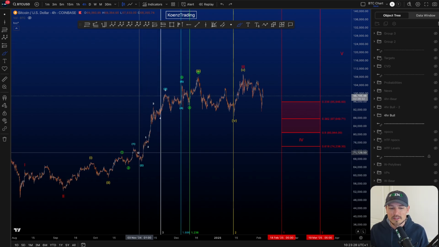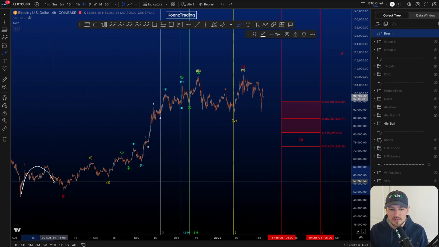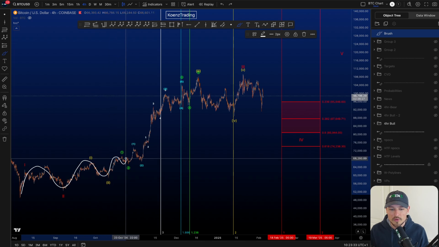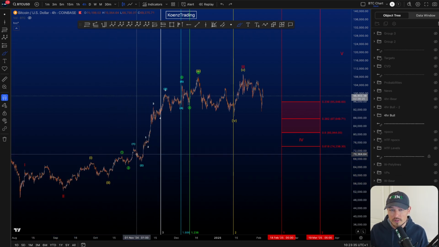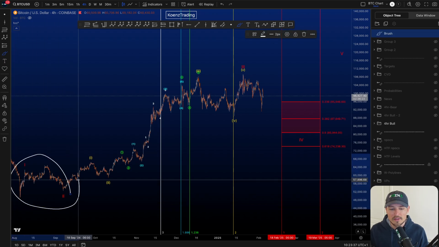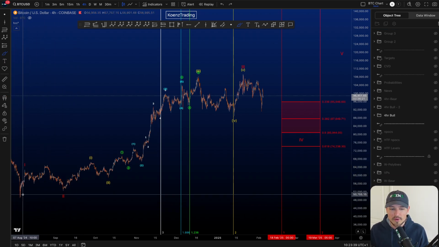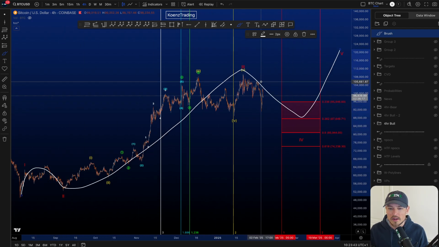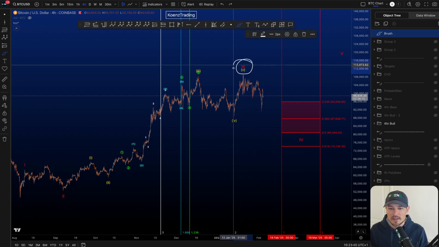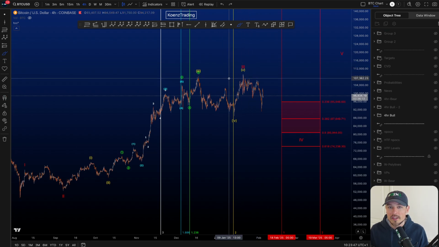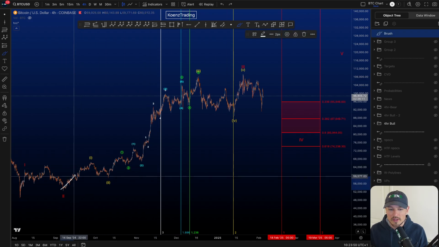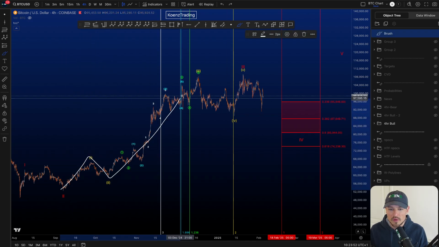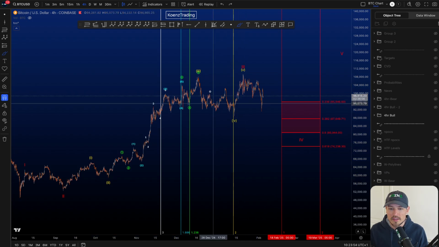Now, in a bit more detail, you can see that we started this structure with multiple 1-2s of a different degree. So the red count is the highest degree Elliott wave count on my chart: 1, 2, 3, 4, 5. Inside the red wave 3, we have the yellow subdegree count. So inside red 3, we have 1, 2, 3, 4, 5 in yellow.